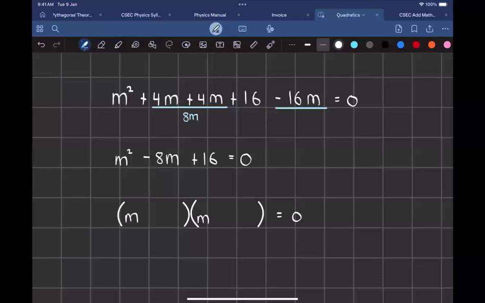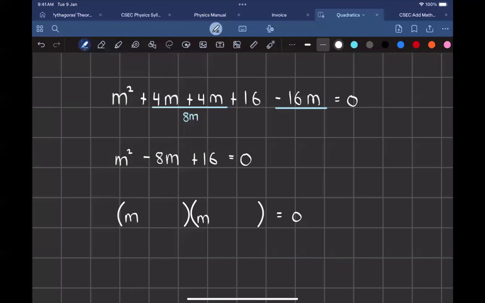I was gonna say 8 by 2, but that wouldn't give you 8. 4 by 4? 4 by 4, yes.